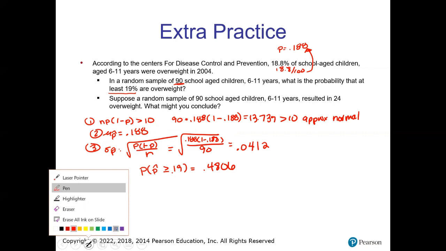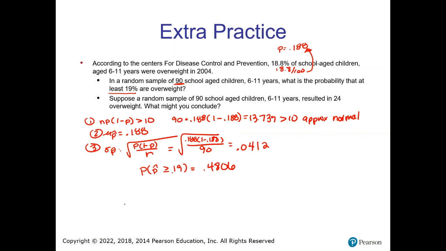All right, so let's do the second question here. Suppose again we're working with a random sample of 90 school-age children 6 to 11 years old, which resulted in 24 being overweight. What might we conclude? Okay, so we want to test the probability that our proportion is 24 out of 90.